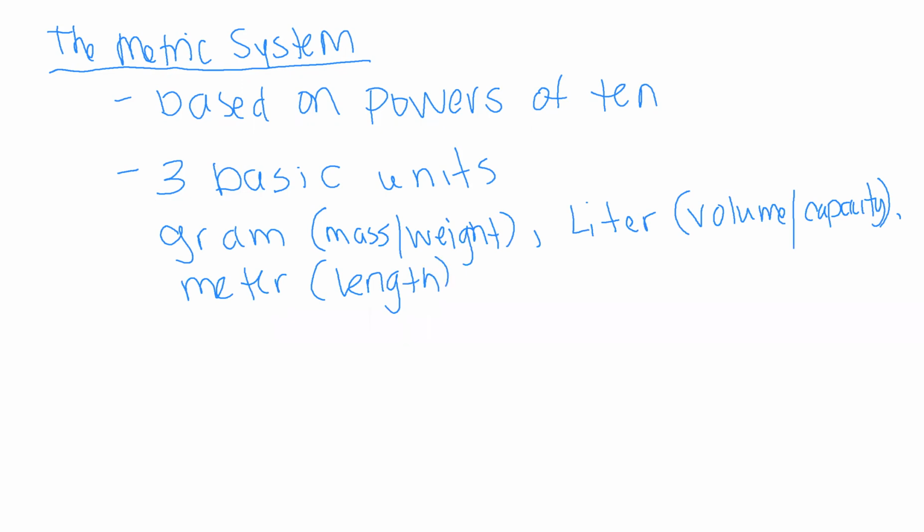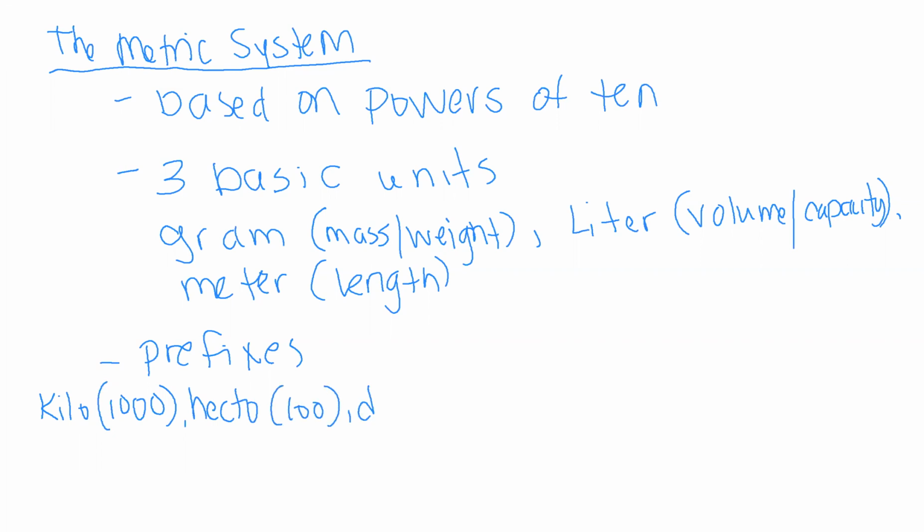Okay. Now, in general, there are a series of prefixes. You take these prefixes and they're the same, whether you're dealing with grams, meters, or liters. You add them to grams, meters, or liters, and it gives you some new measurement. So you could have 1 gram, or you could have 1,000 grams, which we would call a kilogram. Okay. So the prefixes are kilo, which means 1,000 basic units, hecto, which is 100 basic units, deca, which is 10 basic units.